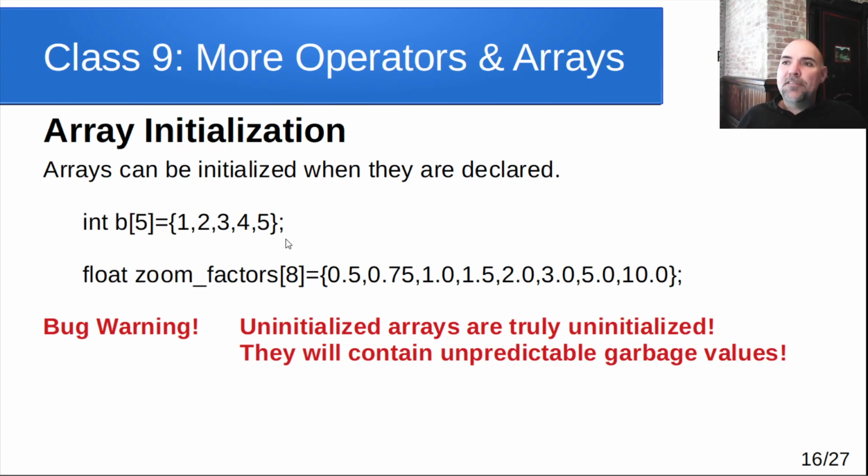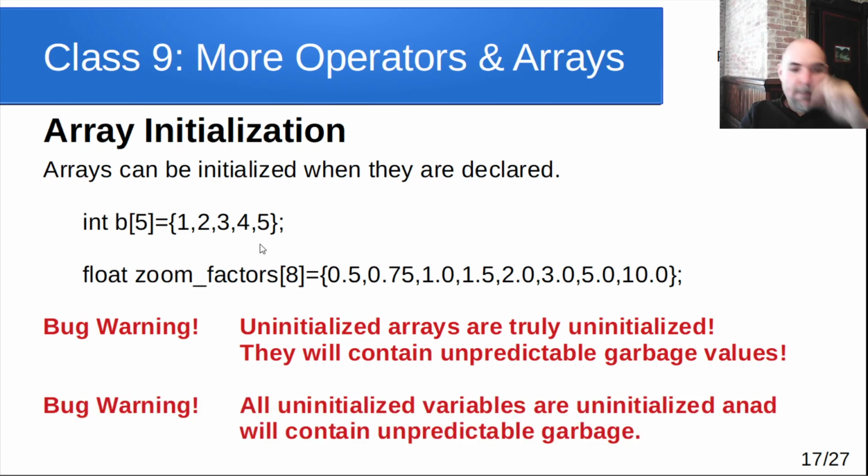So let's not waste the CPU cycles adding mystery black box code to initialize that. But if we initialize it, it will for us. But if we don't, it'll have garbage in there from whatever happened to be in memory from something else that was using that memory or a different program that you ran previously. So just be aware, if you require that to be initialized, initialize it.